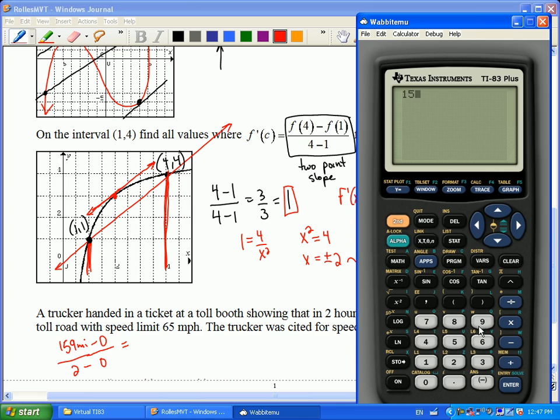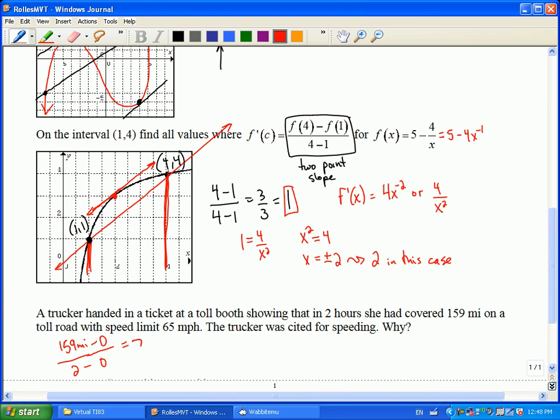So the average speed of this trucker was 79.5 miles per hour. And remember, the average speed, that is what the 2-point slope represents. This here is the average rate of change, and this here is the instant rate of change.